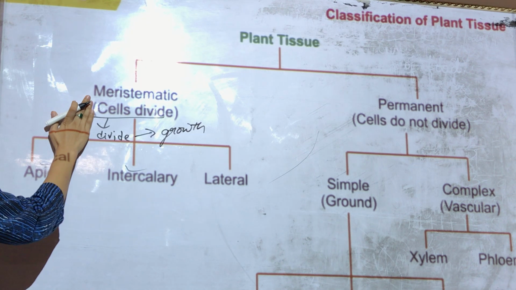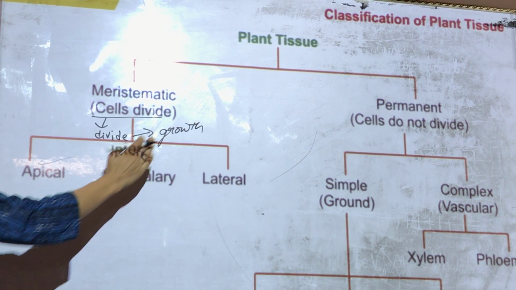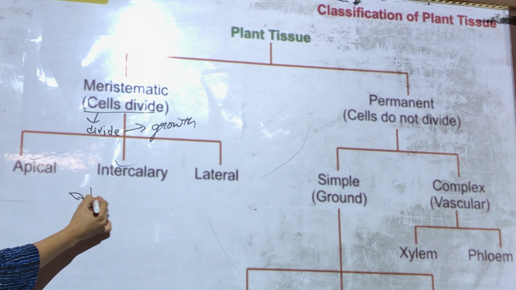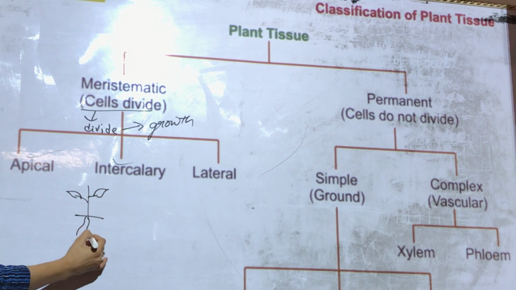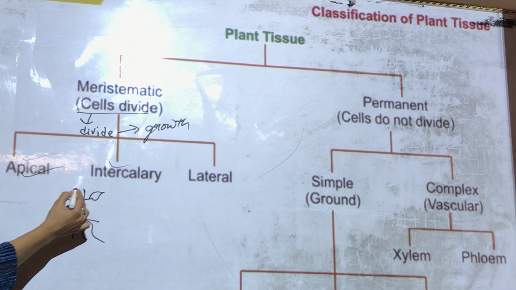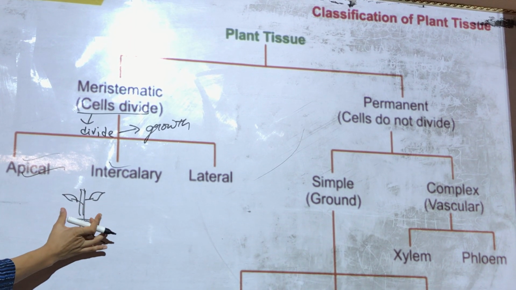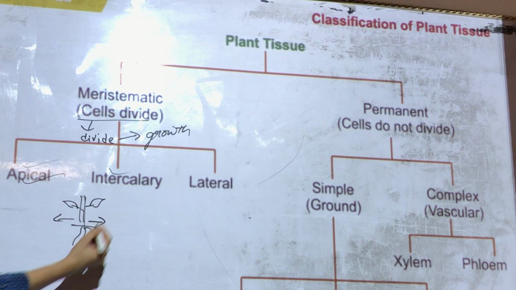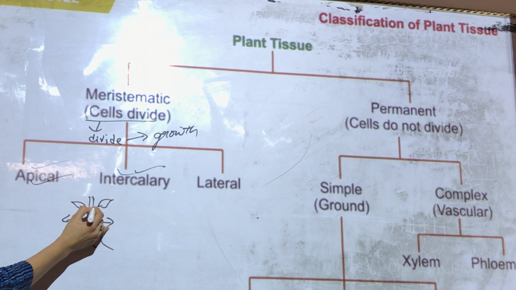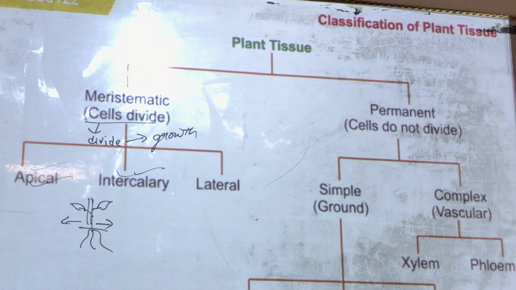So meristematic tissues are generally the growth tissue. They are responsible for the growth in various parts of a plant. For stem, for roots, apical tissues are responsible for the breadth or for the diameter of a plant. Intercalary are responsible for lateral. They are responsible for the nodes and their growth.